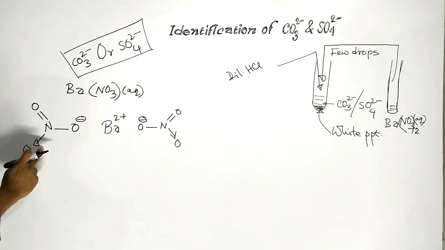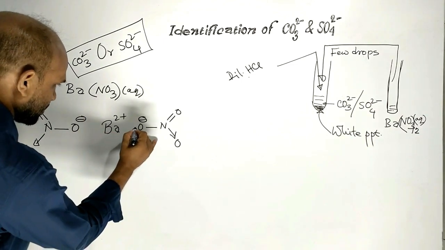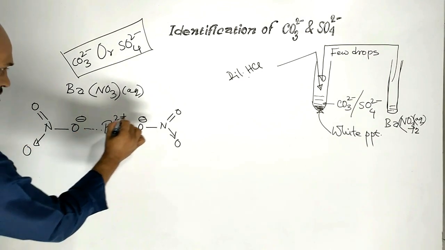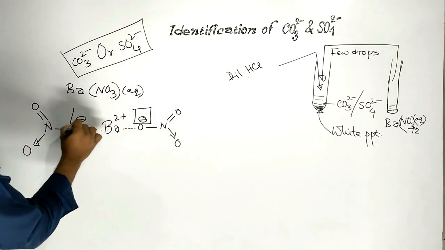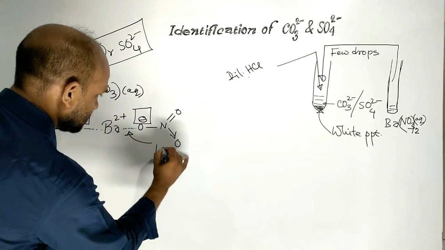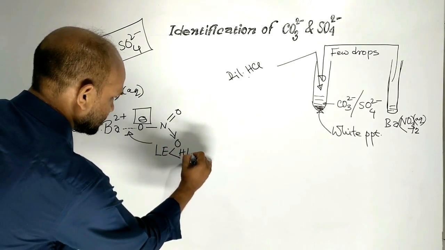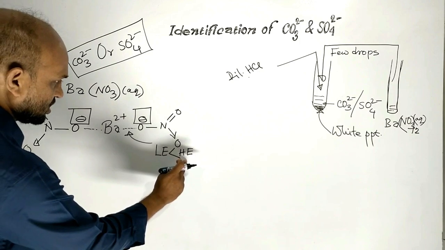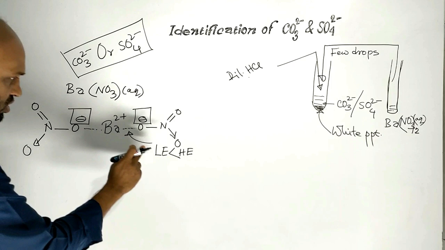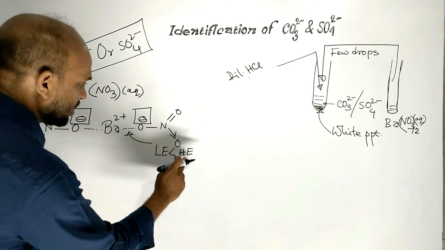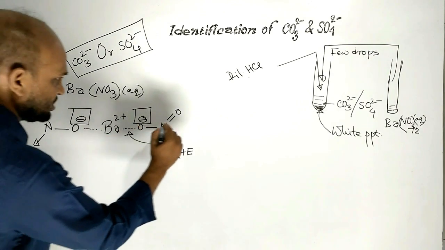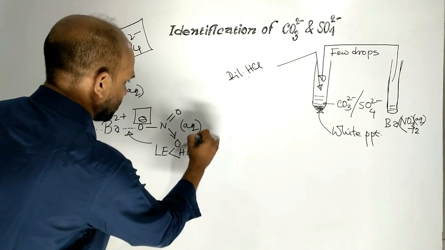This is coordinate covalent bond. Here, the attraction between barium ion and nitrate ion. Here, single charge. So, in this case, lattice energy is lower than hydration energy. That means here hydration energy can overcome the lattice energy. So, because of the less lattice energy, this is soluble in water.